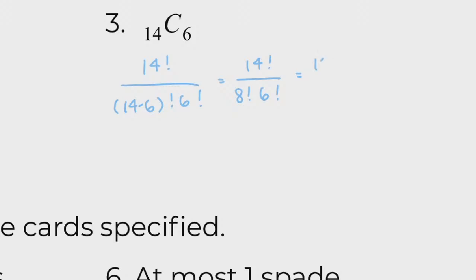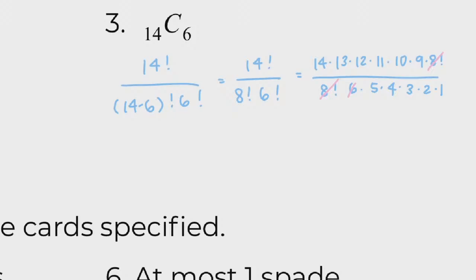It'll be 14, 13, 12, 11, 10, 9, 8. And we'll have to write out 6 factorial. Okay, so the 8 factorial will cancel out, and then we can see if we can simplify anything.